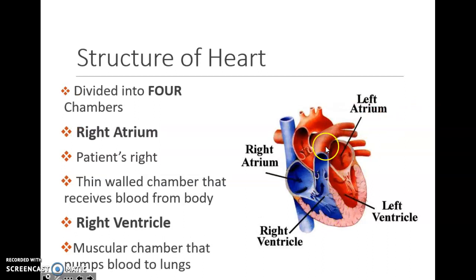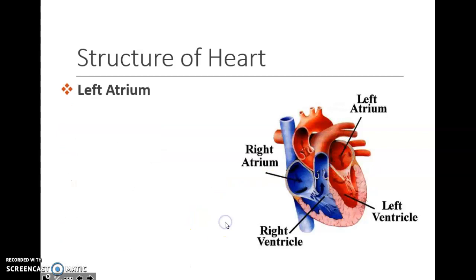So it pumps blood to the lungs through the pulmonary artery. And then after the blood goes to the lungs and drops off its carbon dioxide, it picks up its oxygen. It's going to come back through the pulmonary vein and go to the left atrium. And again, we're talking about the patient's left.